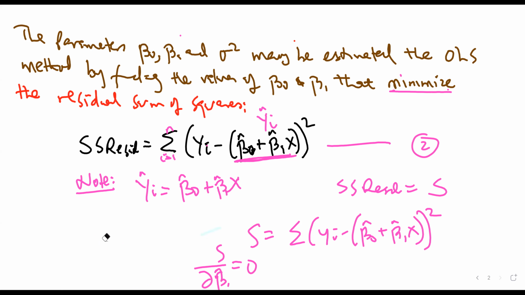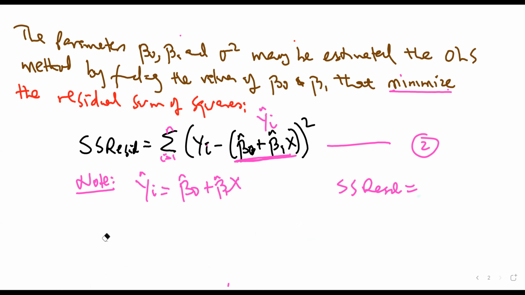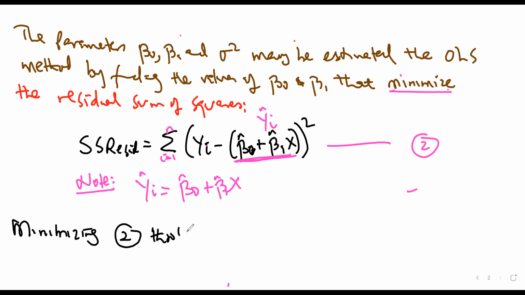We just say that when you minimize that function, you will get the formulas of beta 1 and beta naught as follows. So we say that minimizing equation number 2 through partial differentiation.